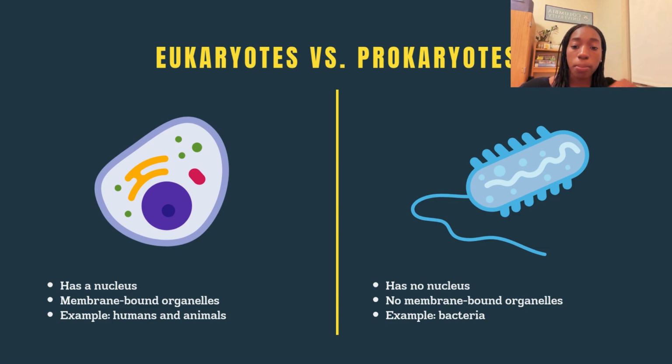Instead of having those compartments, those membrane-bound organelles that are encompassed in certain sections, prokaryotes don't have those. So you can think of laying all your crayons down on your desk and all your pencils and all your colored pencils, distributed across your desk. I feel like that's a good way to think about the difference between eukaryotes and prokaryotes when it comes to their membrane-bound organelles versus their non-membrane-bound organelles.